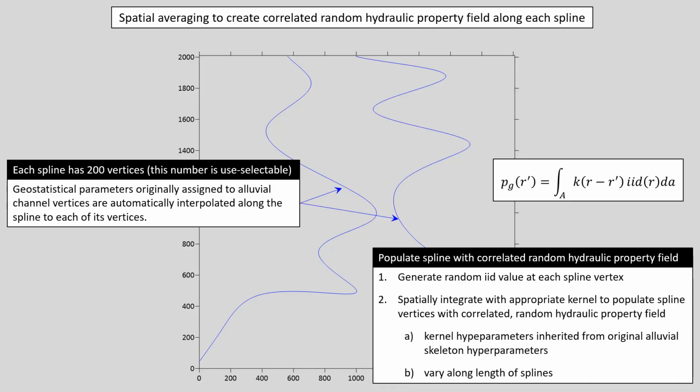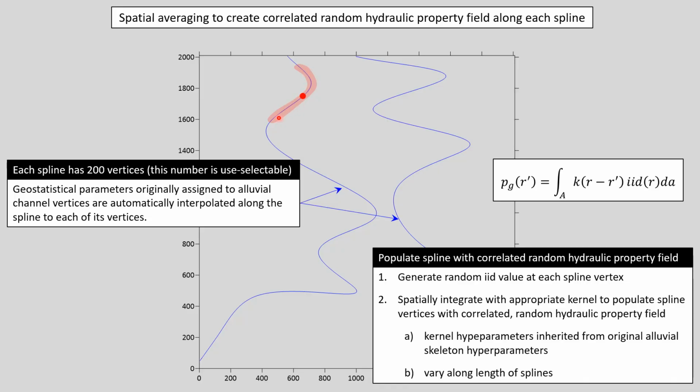Then we undertake spatial interpolation. We undertake spatial averaging with an averaging kernel here, which determines the geostatistical properties of the material which populates these alluvial channels. Recall that the hyperparameters which govern the shape of this kernel were interpolated from the vertices of the original alluvial skeleton. So, just to demonstrate what's happening here, suppose we wish to assign a random hydraulic property to this particular micro vertex of the alluvial channel.